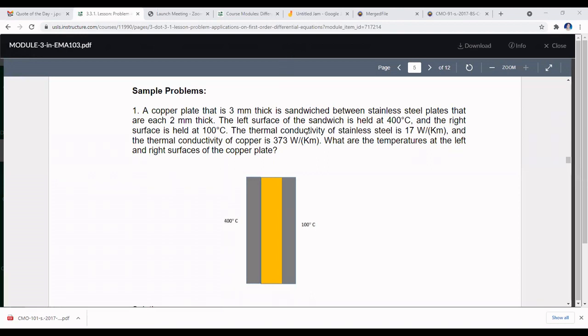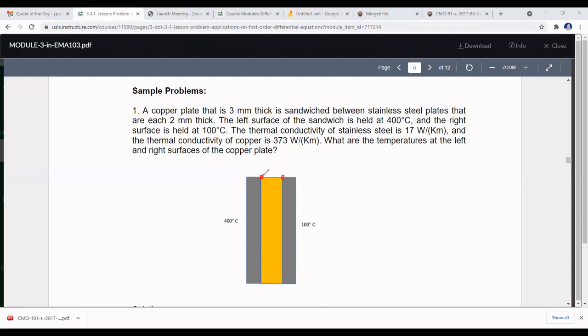It's important when you solve a problem that you illustrate what the problem gives and what it requires. Since we already have the given information, I will just write the required information here. So it's asking for the temperature on this side and this side, the left and the right surfaces of the copper plate.